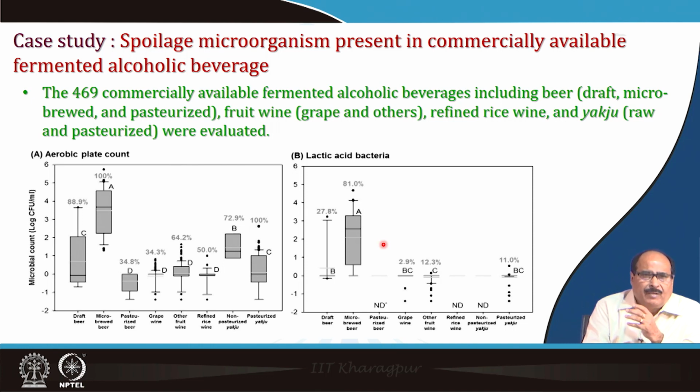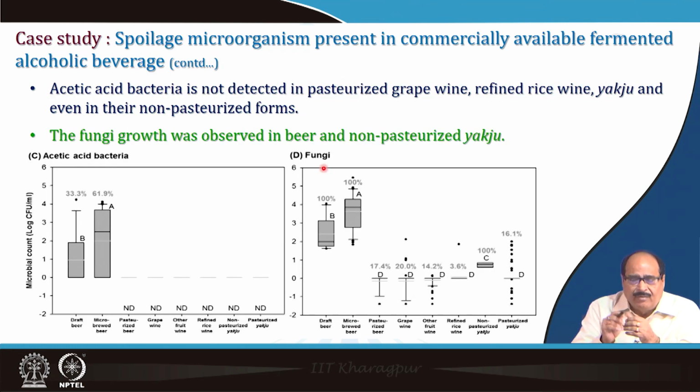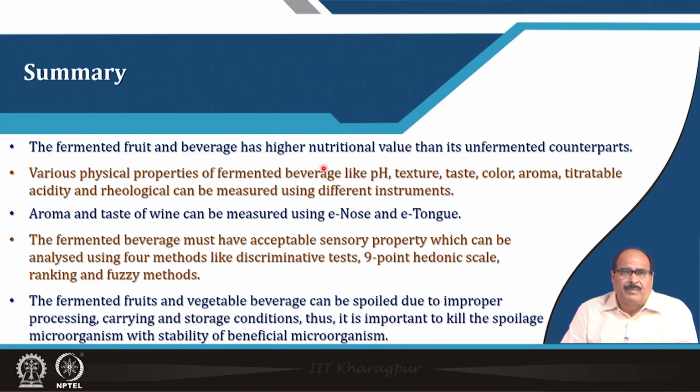There the aerobic plate count, lactic acid bacteria count, acetic acid bacteria and fungi counts were evaluated, and in general it was found that acetic acid bacteria were not detected in the pasteurized grape wine, refined rice wine, and even in the other non-pasteurized wine. The fungi growth was observed in beer and non-pasteurized wine. So there are certain reports that these fermented wines may contain them. So good manufacturing practices and good sanitary practices become very important.